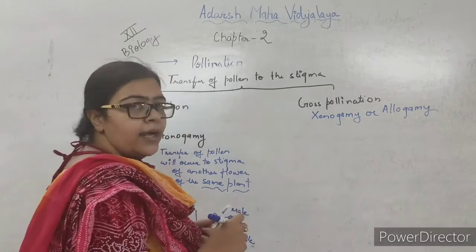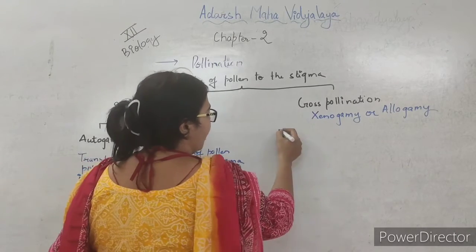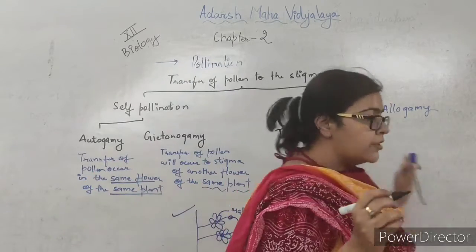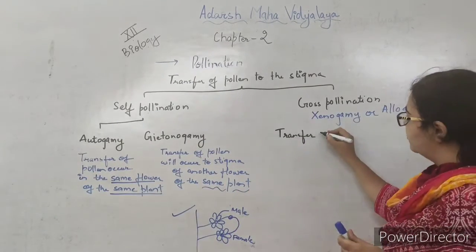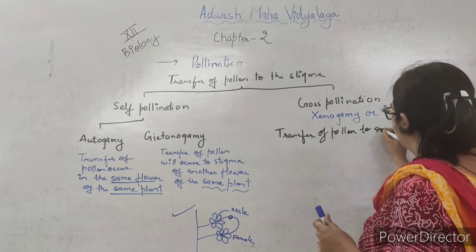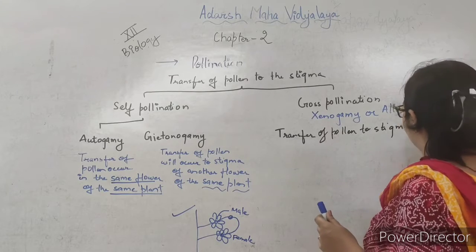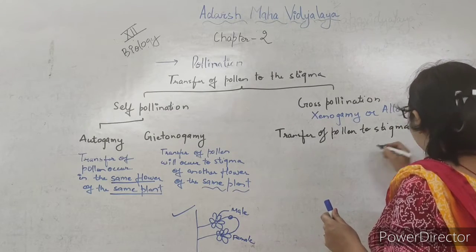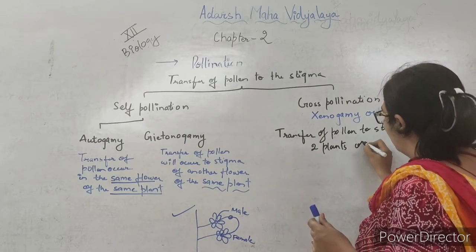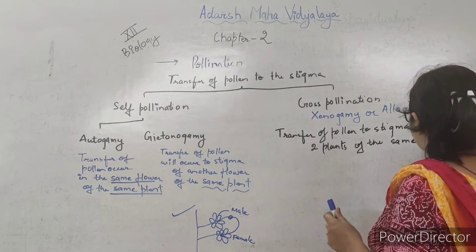Here we will say that cross-pollination is the transfer of pollen to stigma of two plants of the same species.